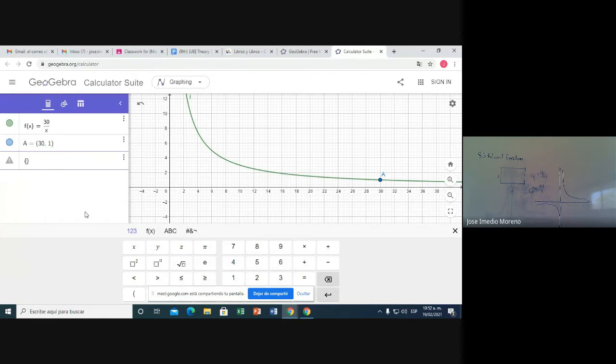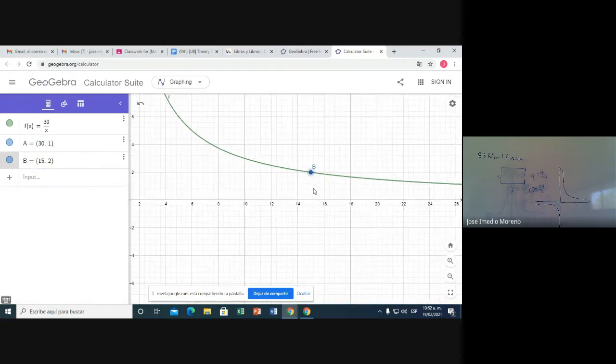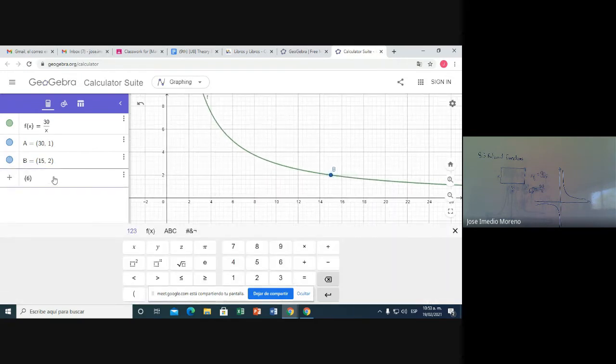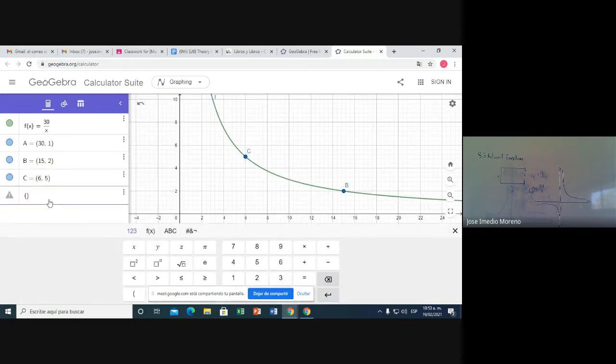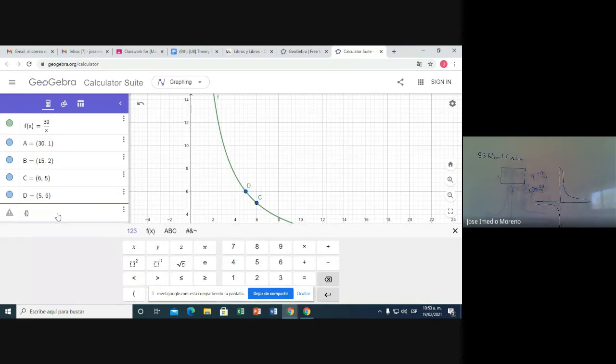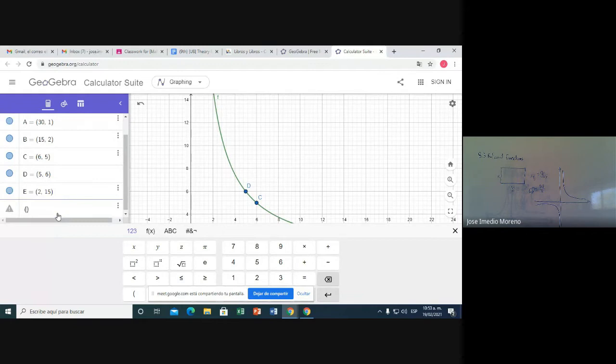If my pool is 15 meters wide, it's 2 meters long. Then if this is 6, this is 5. If it's 5 here, it's 6 here. And it's the same on the other side. So if this is 2, this is going to be 15. If this is 1, this is going to be 30.